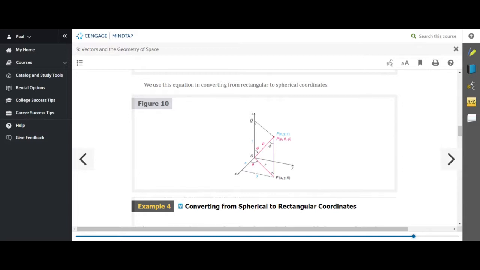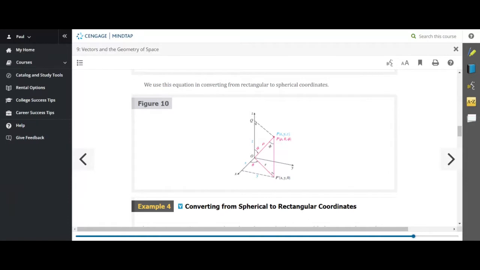So what we have to do is show that x is equal to rho sine of phi cosine theta. I'm sorry, we have to show that r, the radius r in the bottom triangle, is equal to rho times the sine of phi. If you look at the phi at the top, the sine of phi is opposite over hypotenuse, right?